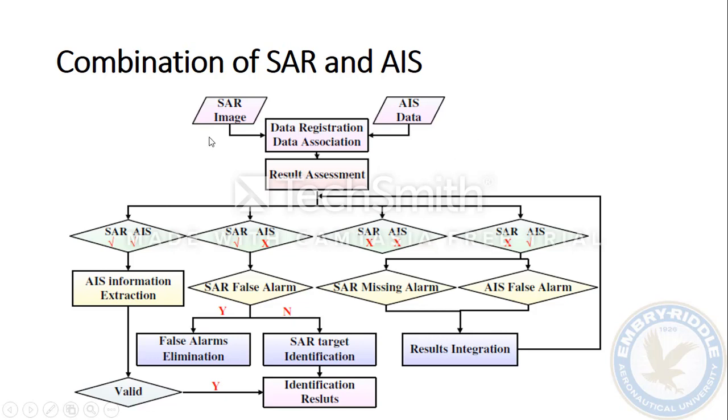So this is just a basic flow chart of something that I picked up from a very relevant research project, in that it's coupling a SAR image and AIS data, pulling from a registration database, and it's trying to get a resultant assessment of what's actually going on. So it starts to break down into these 4 different types where, long story short, you want this. You want SAR and AIS to link up so that it can use AIS saying, yes, your SAR image, there is an actual solid return there, 1, and 2, it is the vessel of interest that you're looking for.